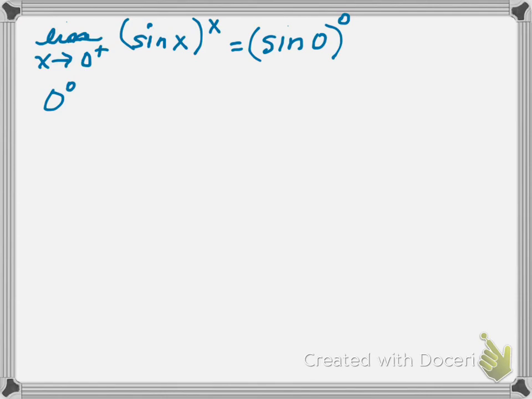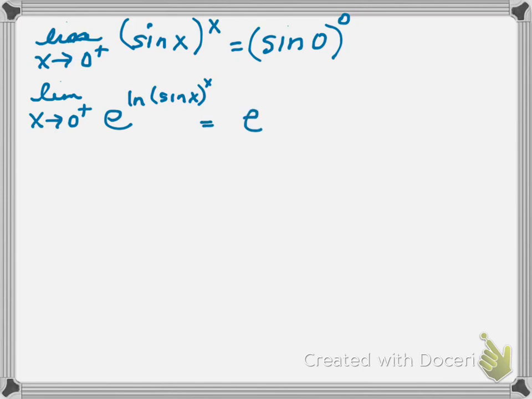So I have to do something to try and get this thing in a format where I can use L'Hopital's rule. So to do that, I'm going to do that e to the ln thing again. So I'm going to have the limit as x approaches 0 from the right-hand side of e to the ln of sine x to the x power. And so now I'm going to take that x and move it out in front.